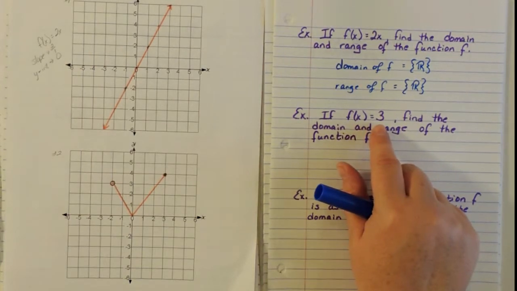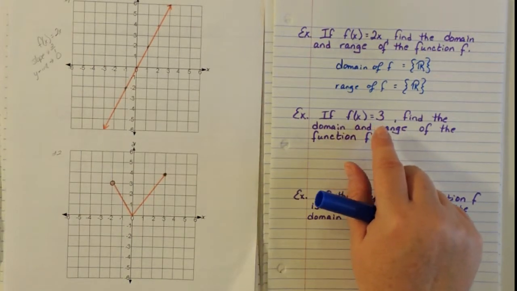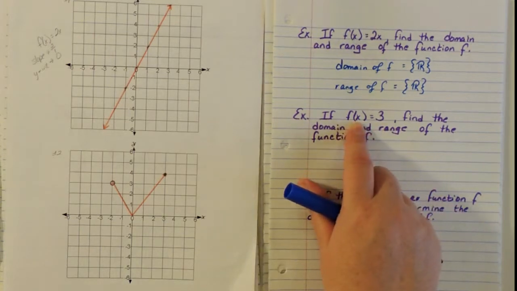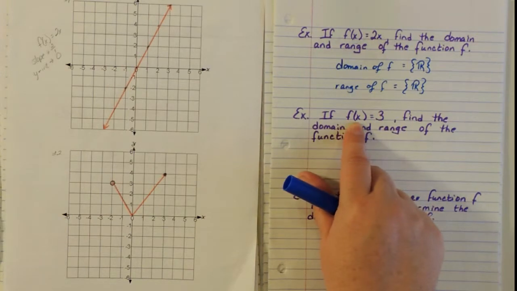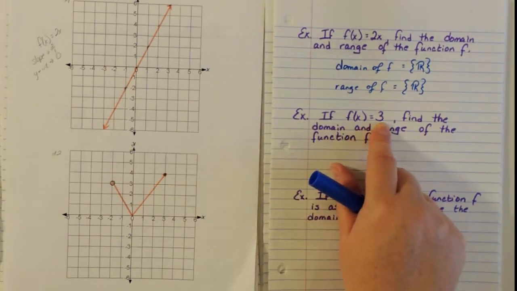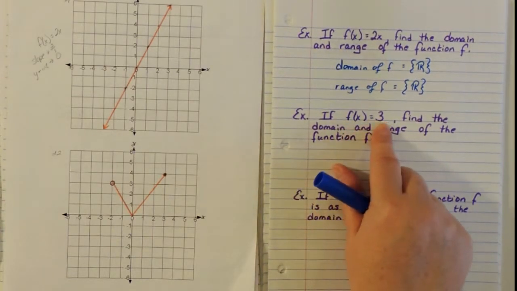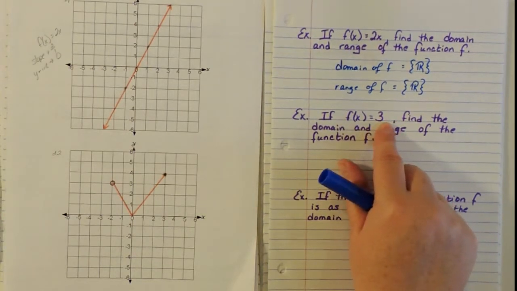So the domain is going to be, once again, because the domain is what values of x you can put in here to make this true. The domain is still going to be the set of real numbers. For anything you put in here, it's always going to be 3. Any x is not going to change this 3 because there are no variables on this side.